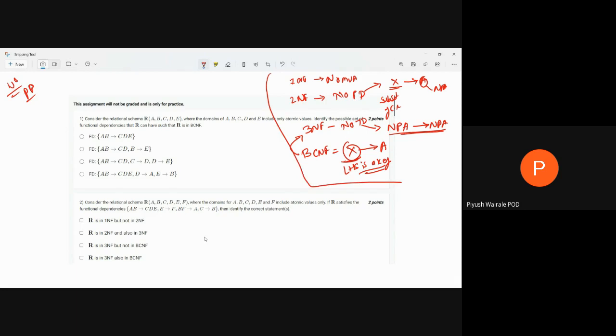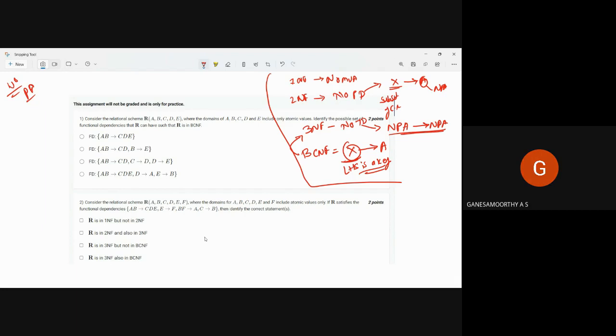Now let us go to the first question. Consider relational schema R where domain is ABCD, atomic values. Sir, can you repeat the BCNF conditions? Yes, for BCNF, first it should be in 3NF. And the second condition is that the left hand side of every functional dependency must be a key.